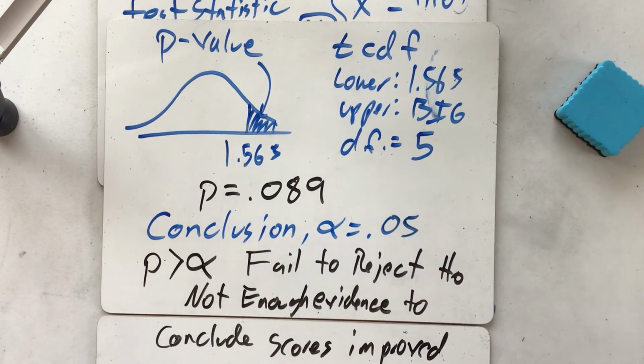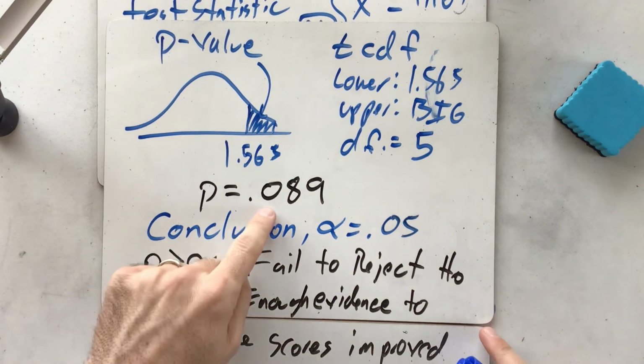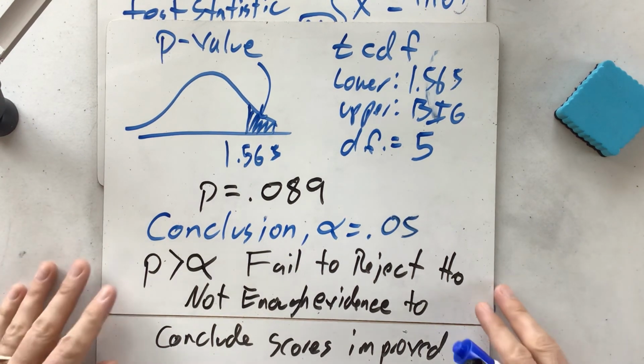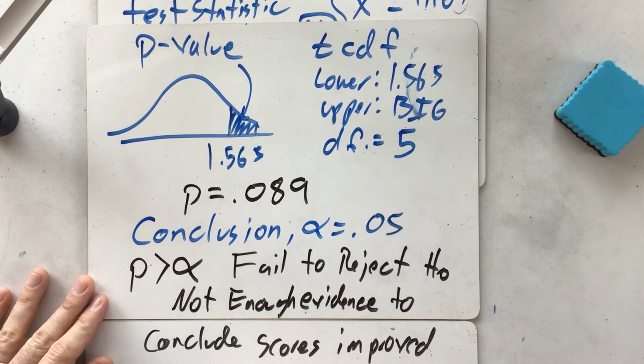Now notice if a researcher came to me with this study and said, hey, I have these 6 students, do you think my tests are improving? What I would probably tell them is, you only had 6 people in your sample. And with only 6 people, your p-value was really close to 0.05. You can't write this up and send it to a paper. You don't have enough data to make a strong conclusion.